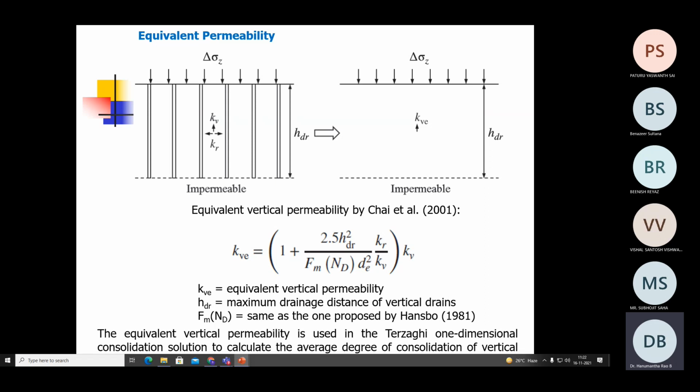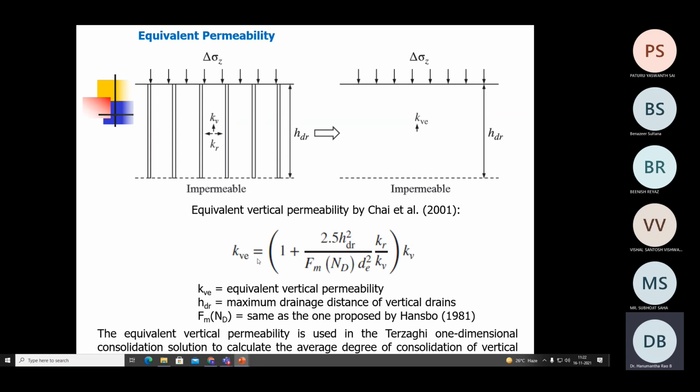That means if I take one PVD, it forms some kind of zone of influence. Similarly, KVV indicates the zone of influence of all the PVDs together. That's how we can understand the equivalent permeability.